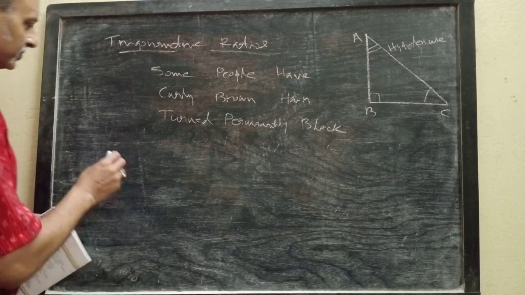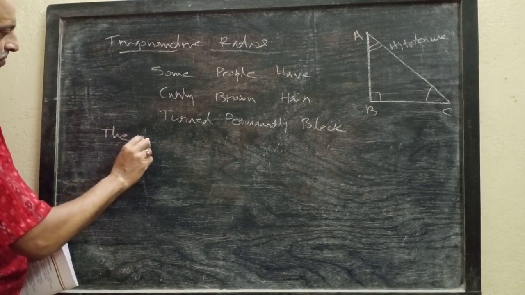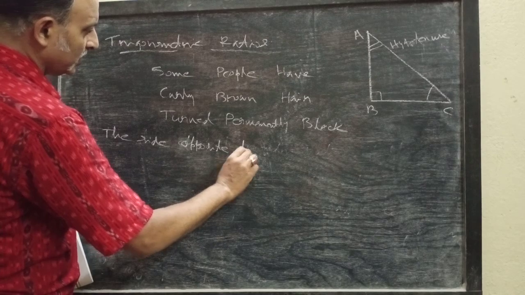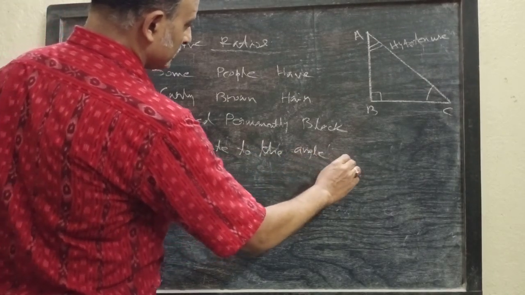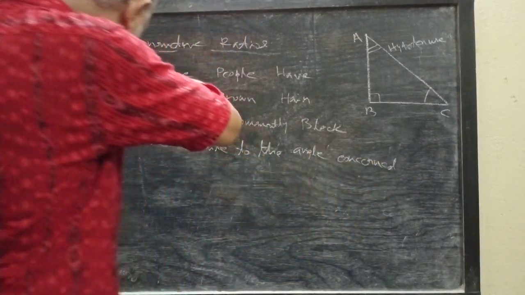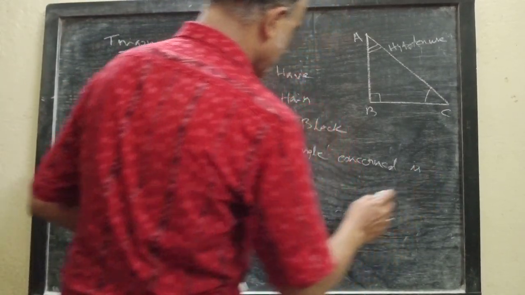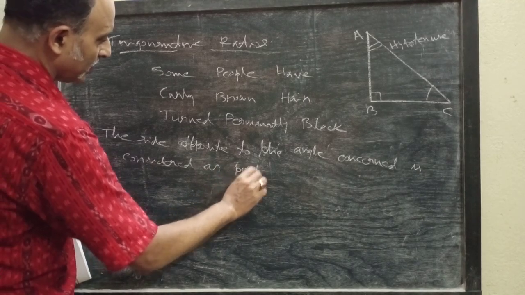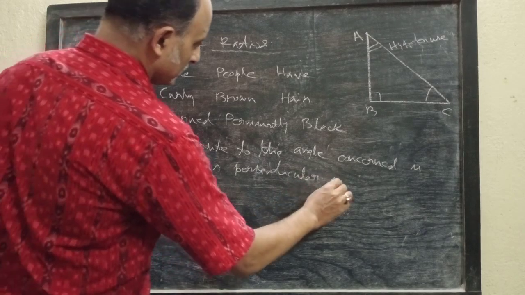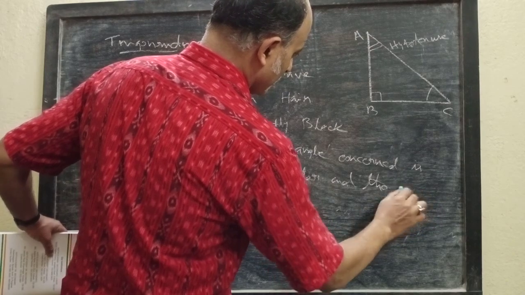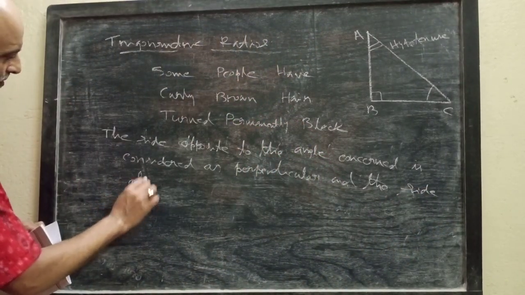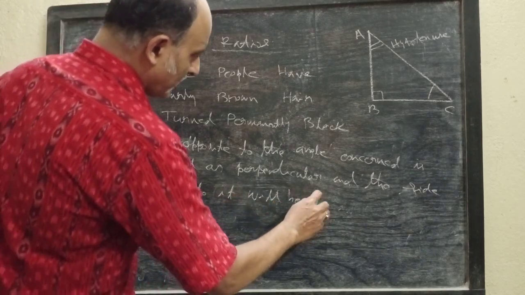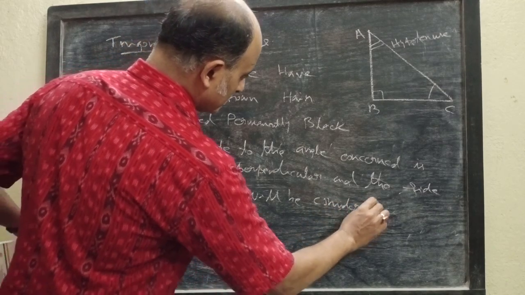So this is our convention, right? The side opposite to the angle concerned is considered as perpendicular, and the side adjacent to it will be considered as base.